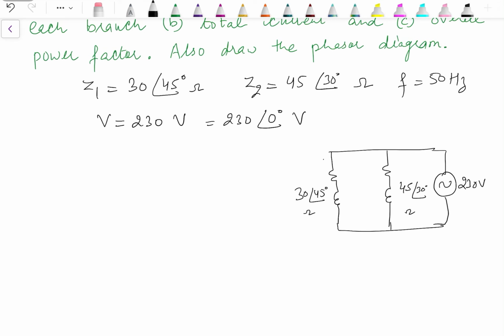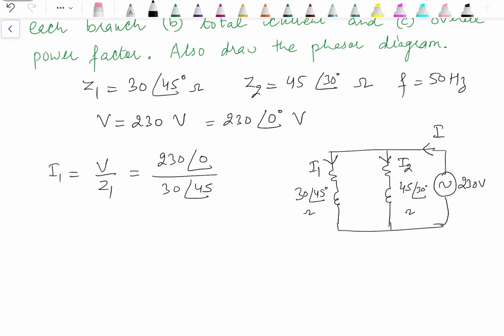So if you want to calculate I1 and I2, I1 will be V upon Z1. V is 230 angle 0, Z1 is 30 angle 45. Now you can use the complex mode of the calculator to find it out. 230 divided by 30 is 7.67.